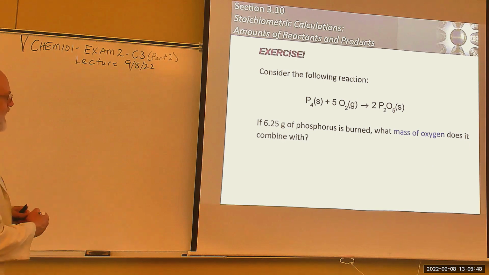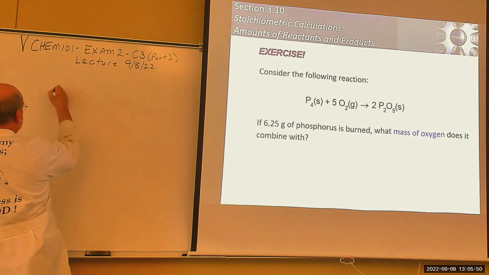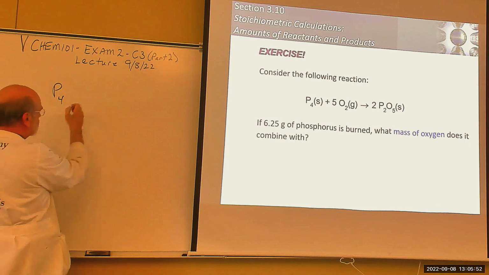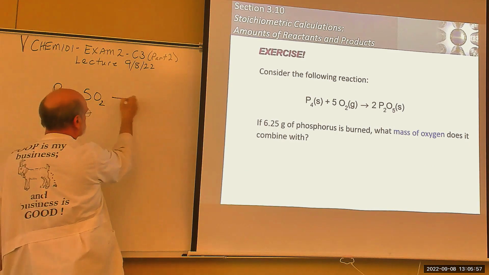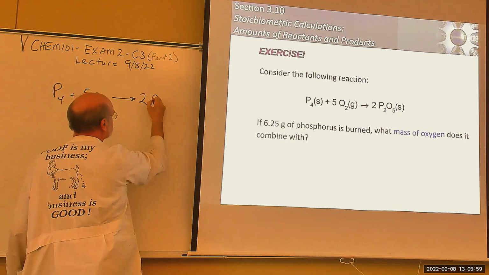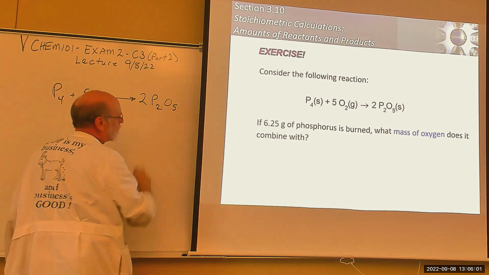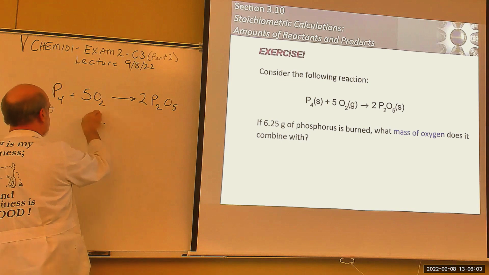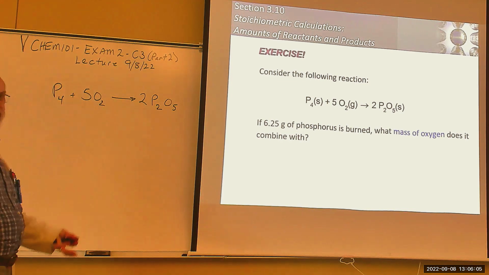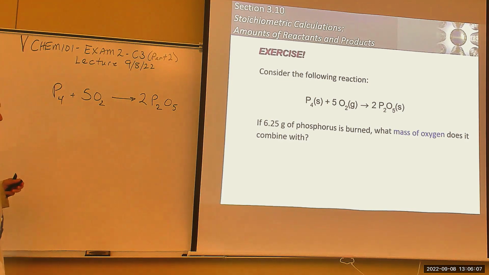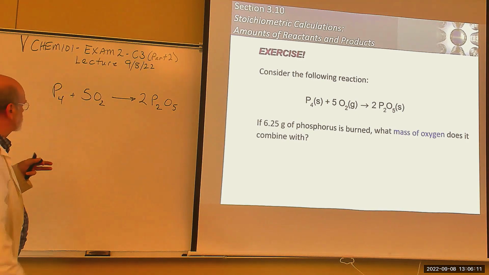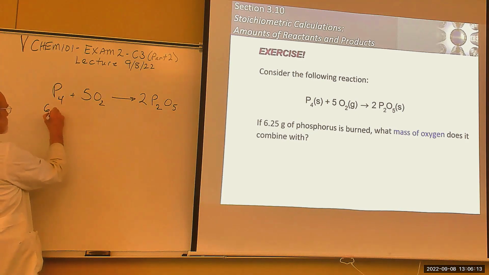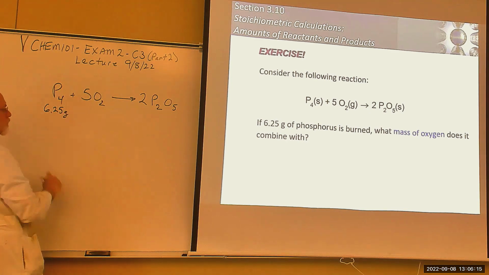So let's use this example. P4 plus 5 O2 yields 2 P2O5. That's a solid, that's a gas, that's a solid. For our purposes, it doesn't matter. So you're given 6.25 grams of phosphorus. That's what you start with.